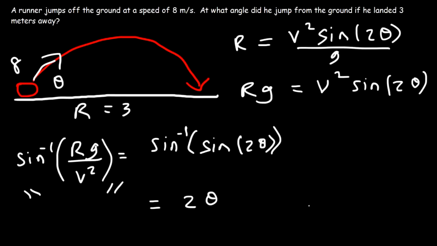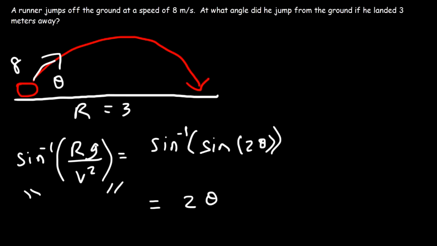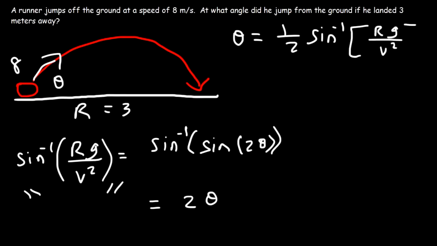So if we divide both sides by 2, we could see that theta is going to be equal to 1/2 arc sine rg divided by v squared.